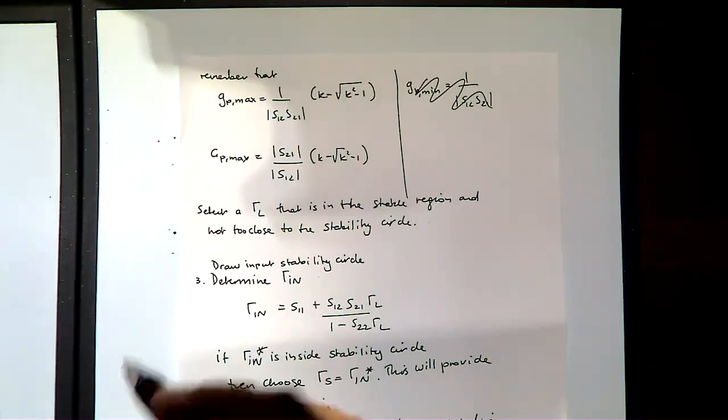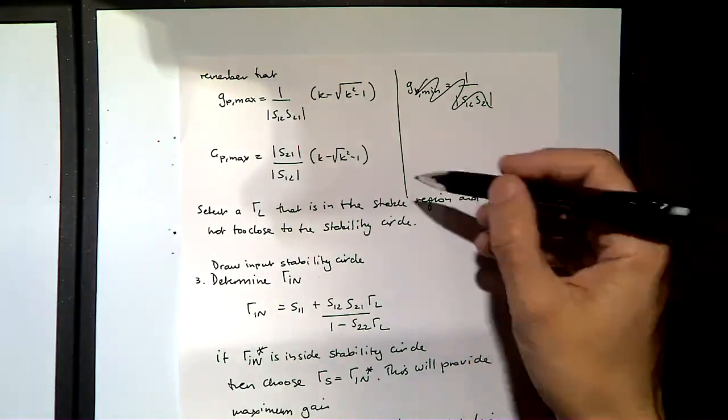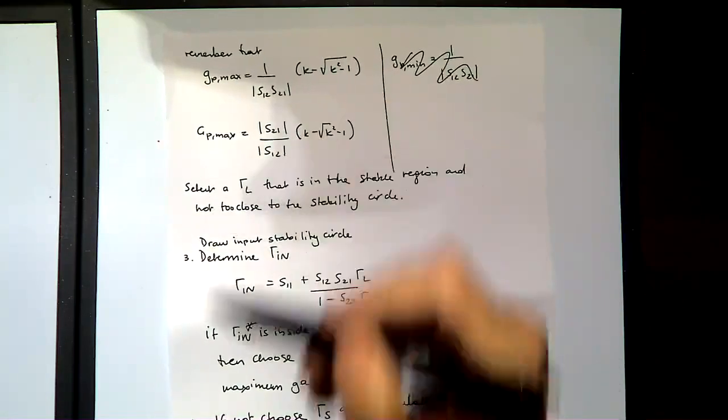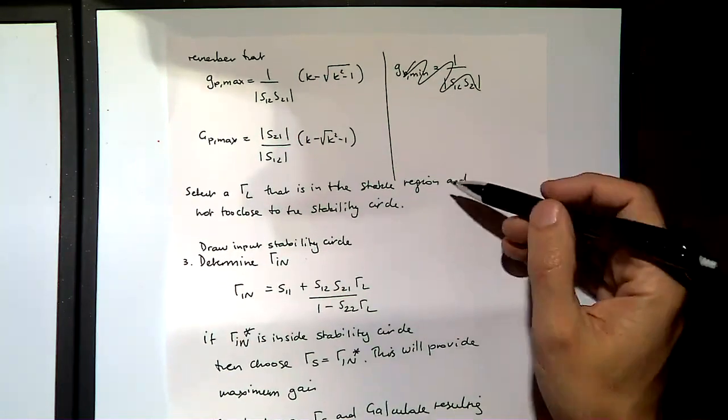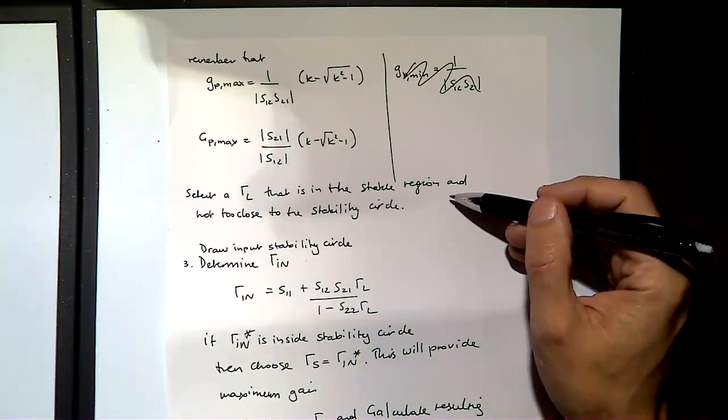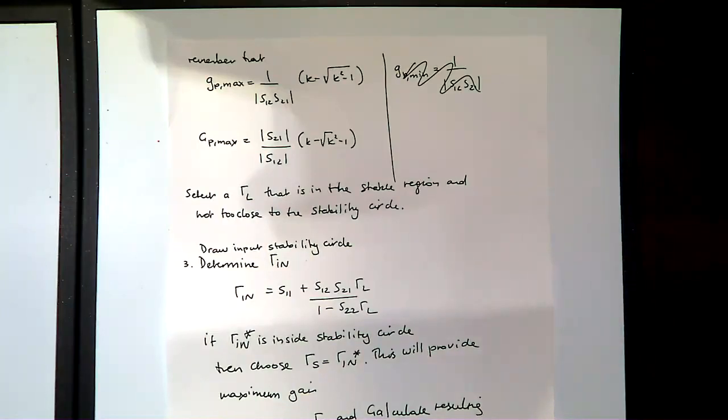So you draw the circles, you then choose a reflection coefficient, and you want to choose it so that it's in the stable region, right? You choose it on that particular gain circle, and you can choose it anywhere you want on that gain circle in order to achieve that gain.